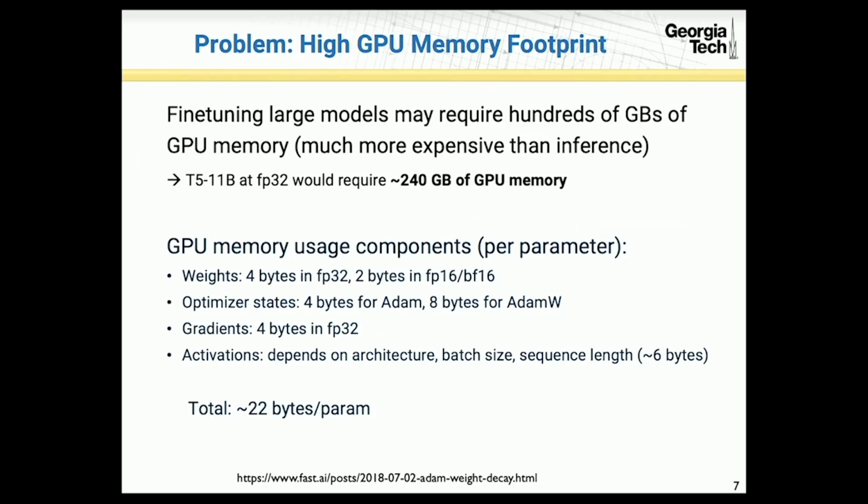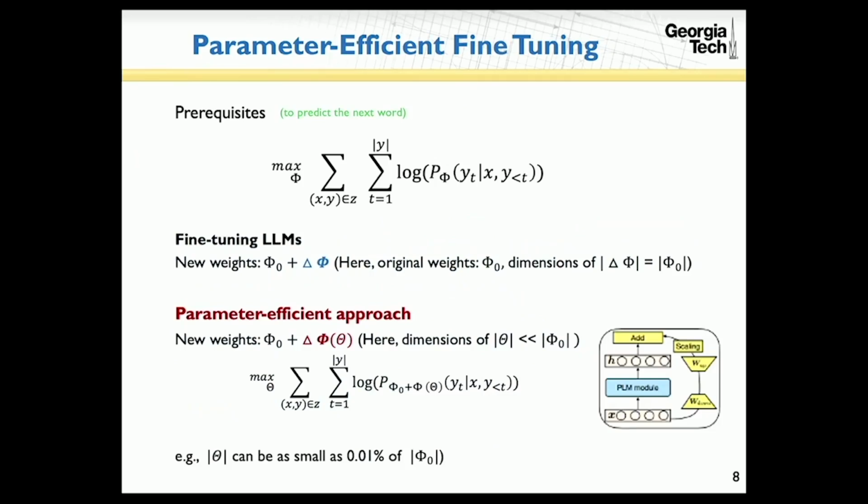So it's still huge. The whole idea of parameter-efficient fine-tuning is that you do not want to use the full model for the fine-tuned parameters. You want the fine-tuned parameter size to be smaller than the original model parameter size, so that your fine-tuned part is much smaller. That's the general idea.